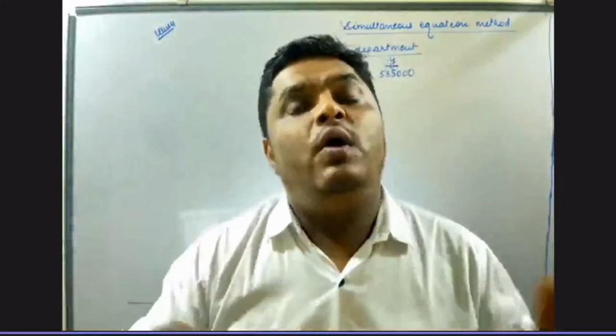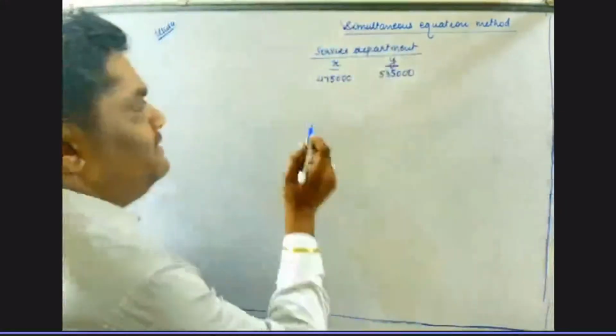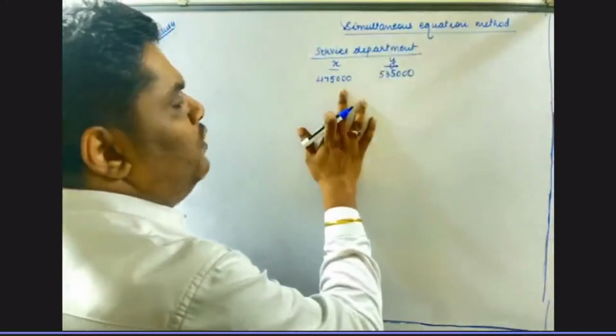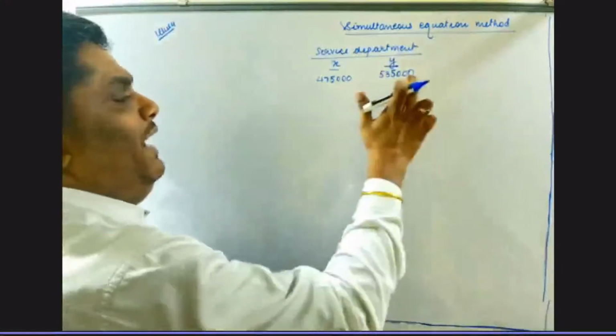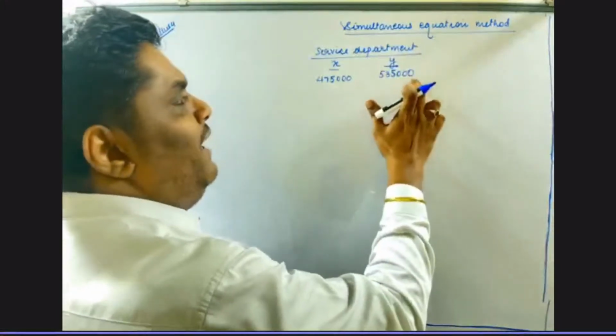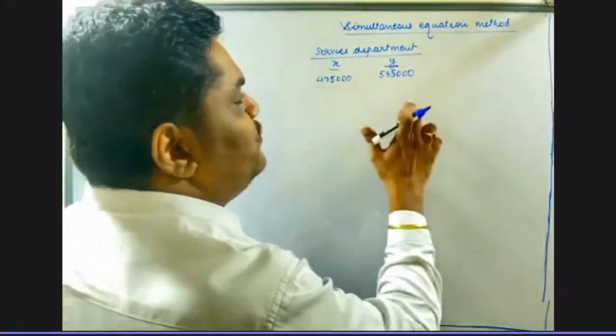So now, how to solve this question using simultaneous equation method? Let's start, guys. Now see, these are not the total overheads of X. Some percentage of Y will be added in it, and these are not the total overheads of Y. Some percentage of X will be added in it.